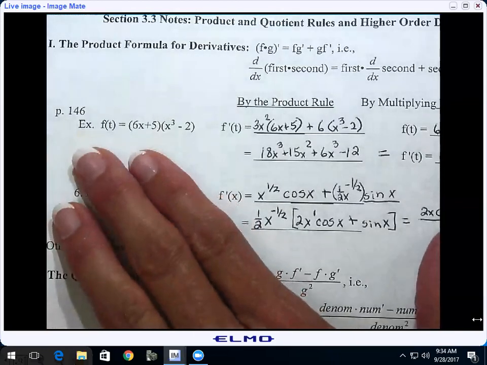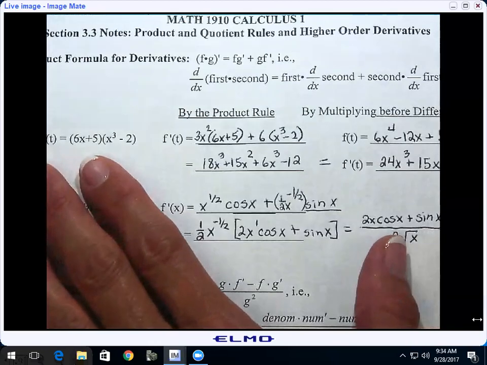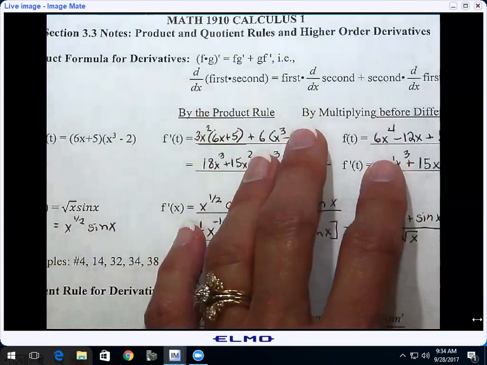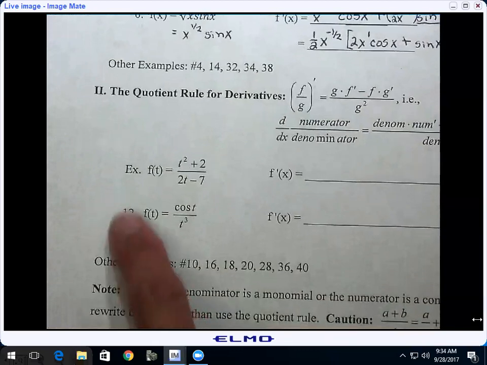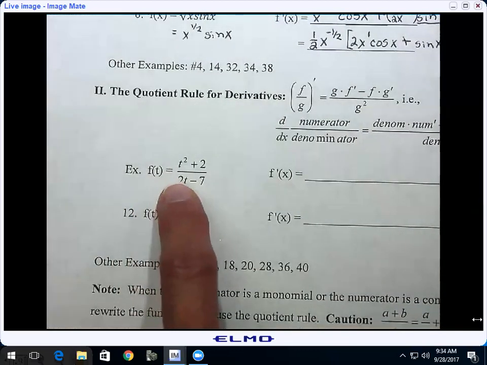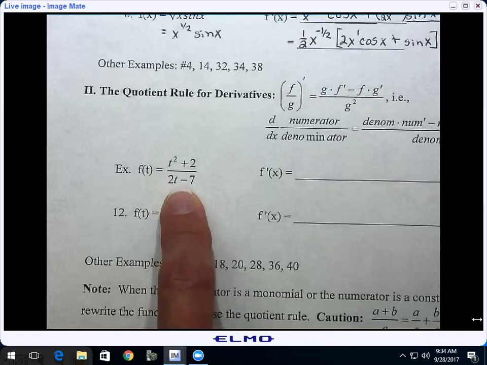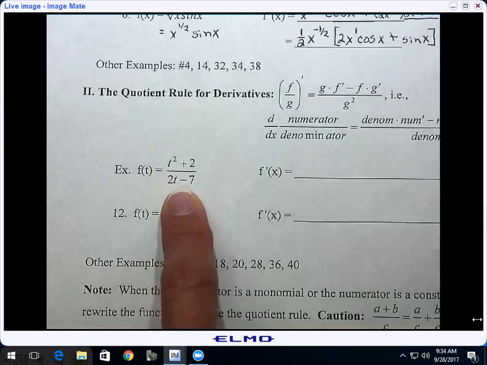All right. Also, when we used the product rule, we said sometimes you can avoid having to use the product rule by multiplying everything out. That'll turn out to be true with the quotient rule as well, but not on this example, because there is a way I could write it as a product.